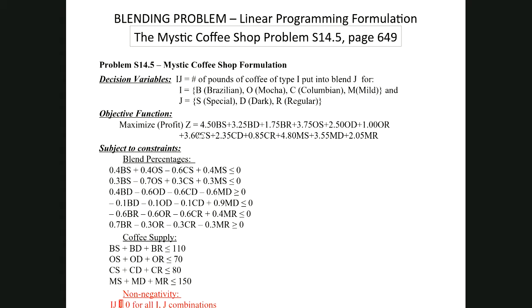We had our 12 terms in our objective function, and of course we want to maximize the profit. Then we have our 6 blending constraints, our supply constraints, and then of course, as always, non-negativity constraints. So this was the full formulation for the Mystic Coffee problem.